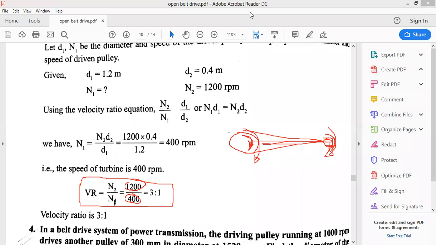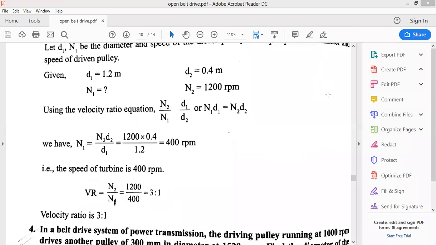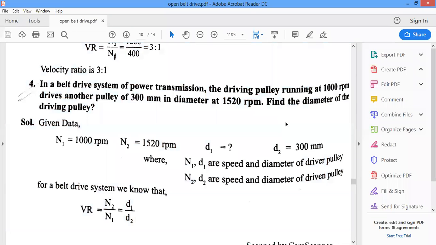So let's see the next problem. In a belt drive system, power transmission, the driving pulley running at 1000 RPM and another pulley of 300 in diameter at 1520 RPM is the given data.